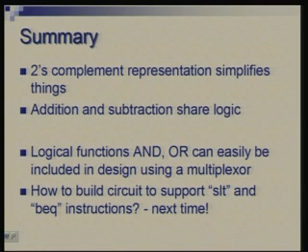We also noticed that addition and subtraction hardware has a lot of commonality, and since we are either doing addition or subtraction in the processor, we can share the hardware. We have seen that logical functions AND and OR can be easily included in the design of the ALU simply by putting those gates and multiplexers together.